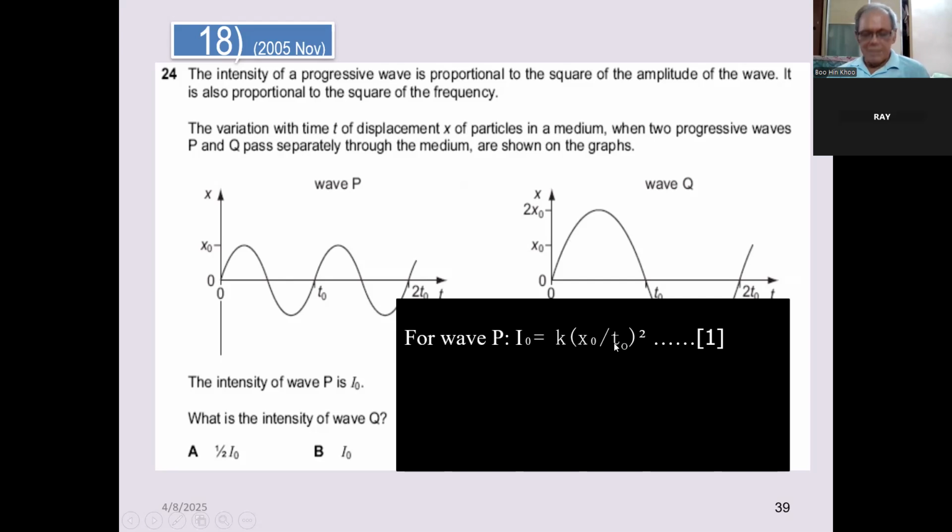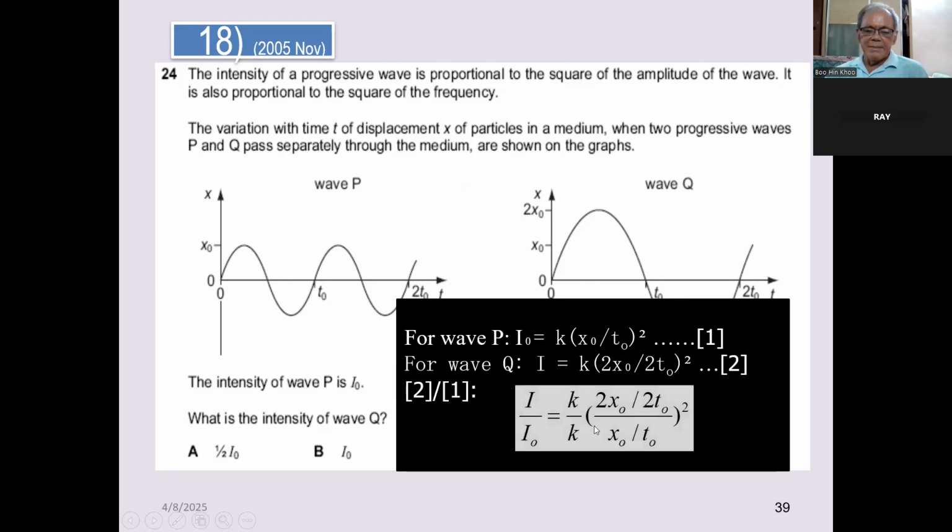That's why we put T naught divided by T naught, and then the whole thing squared. So X naught over T naught. Then for wave Q, amplitude is 2X naught, and the period is 2T naught. 2 and 2 cancel, they are exactly the same. So I equals I naught. The answer is B.